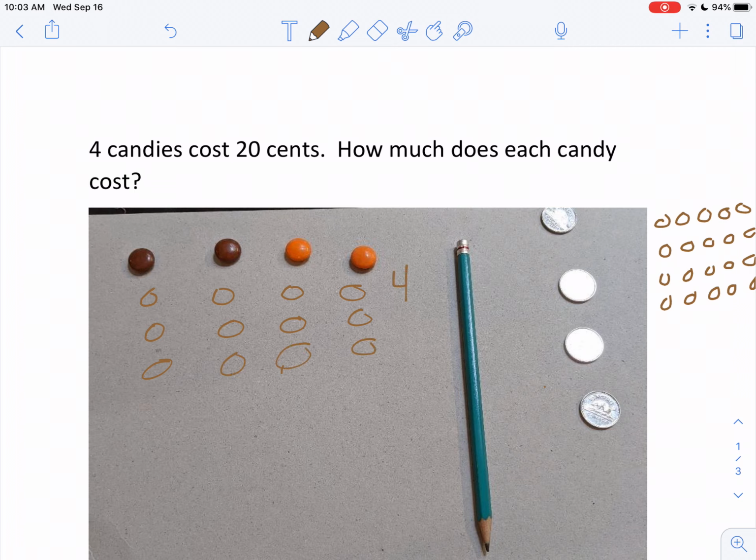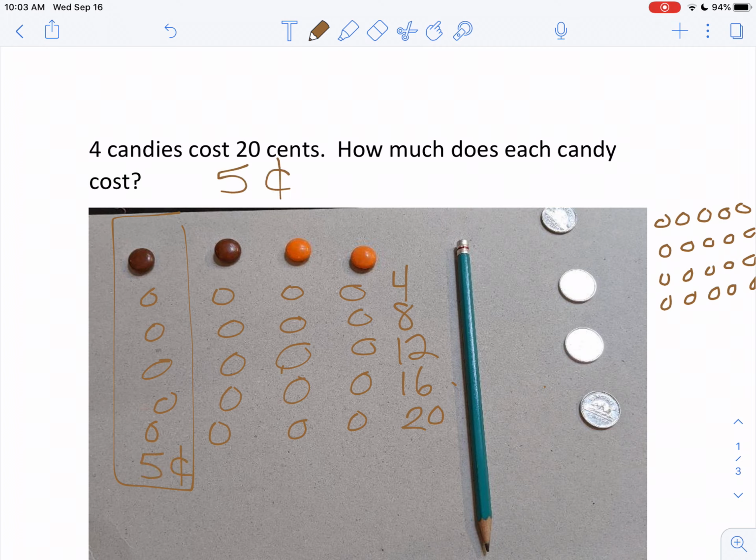So 4, 8, 12, 16, 20. So I've handed out 5 pennies to each candy, so each candy costs 5 cents.